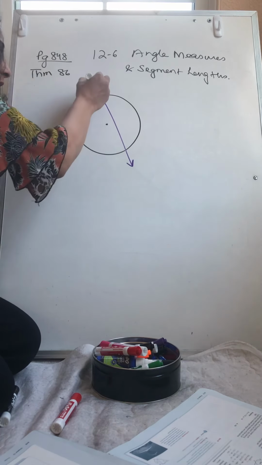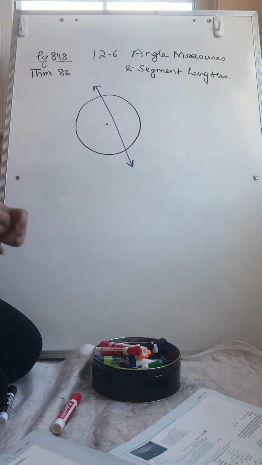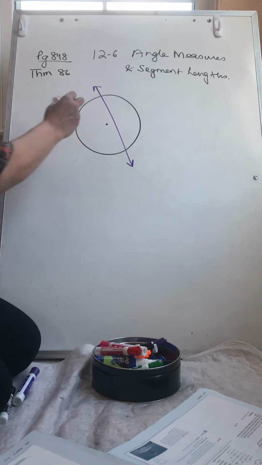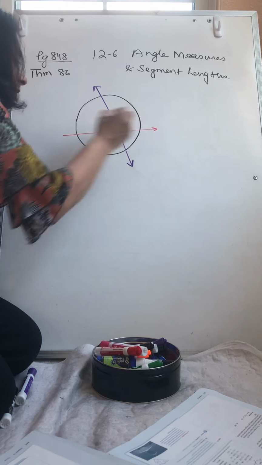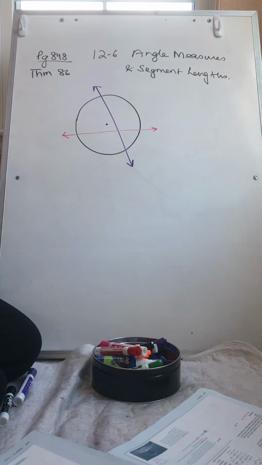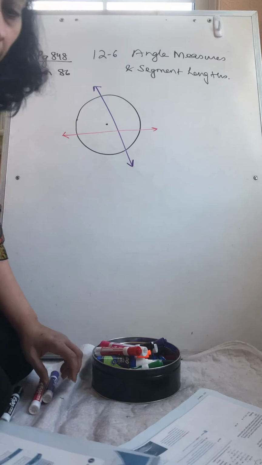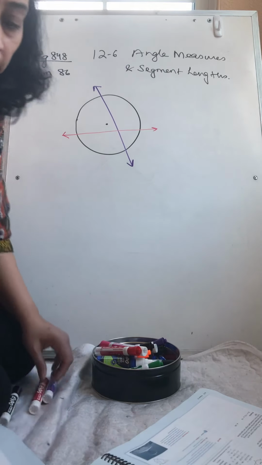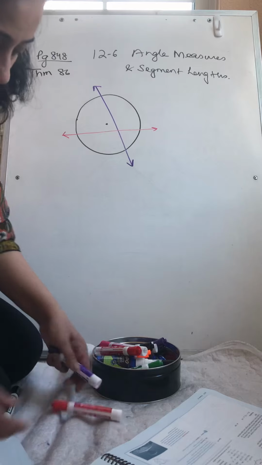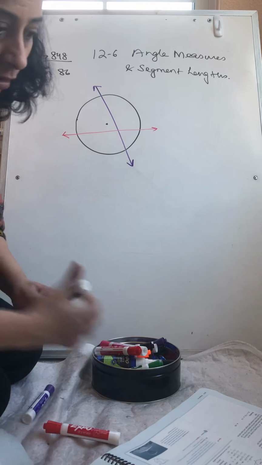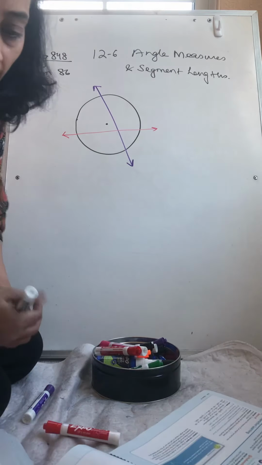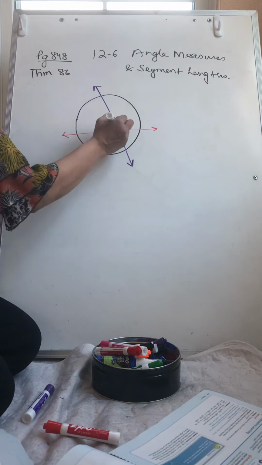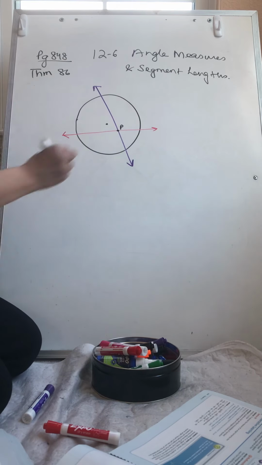So this is one line and the other line is maybe here. These are my two lines, intersecting here in point P.